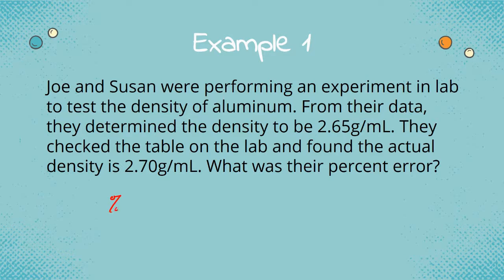Remember, our percent error equation is the actual value minus the experimental value divided by the actual value. In this case, 2.70 is our actual value, while 2.65 represents the experimental value.